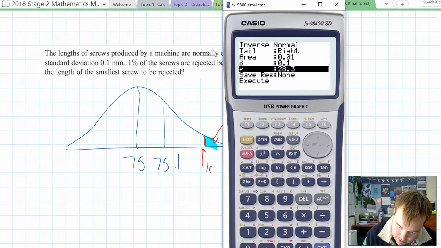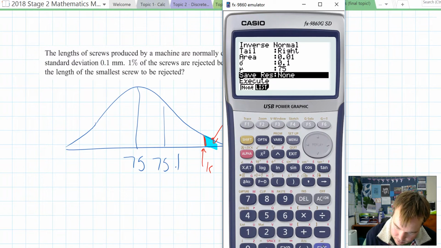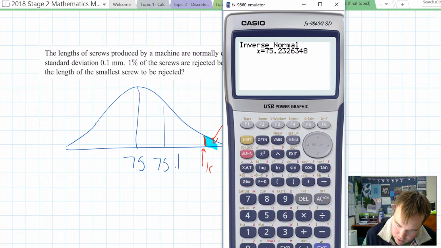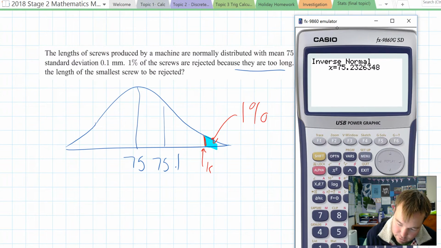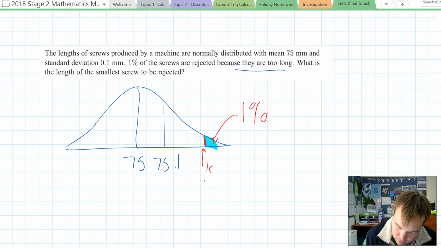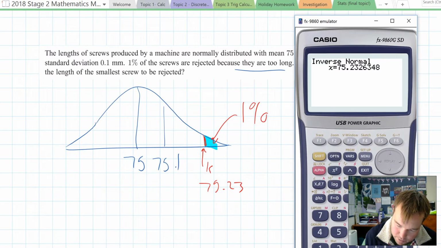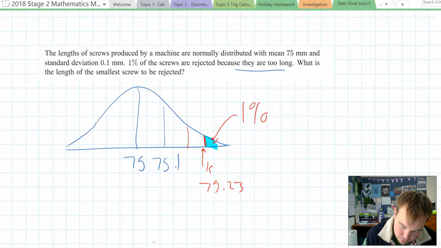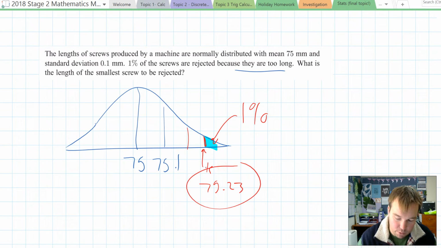And the mean is 75. Execute. So this value here is 75.23, which makes sense. It is one standard deviation, two standard deviations, and a little more up. Any screw longer than that length will be rejected.